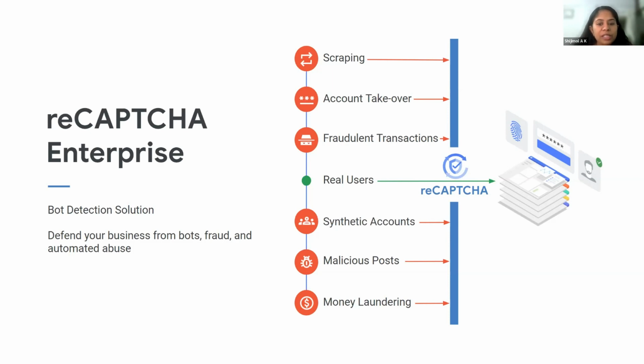So that is where reCAPTCHA Enterprise is a solution that protects from such kinds of attacks. It protects from automated abuse. Bots are automated attacks. It's not like somebody sitting and entering the data every time, right? There is an advanced machine learning mechanism in play here that can distinguish between real users and bots. That means you can focus on managing your consumers rather than preventing those attacks.